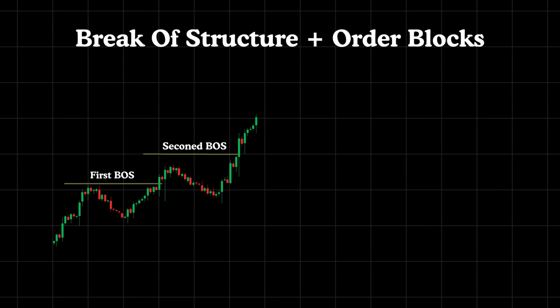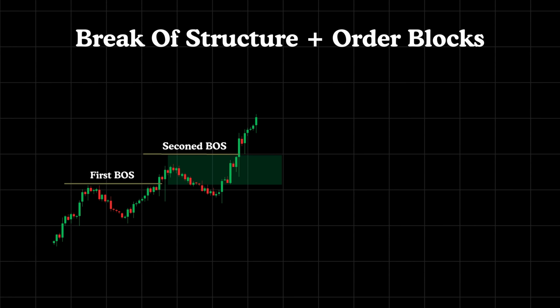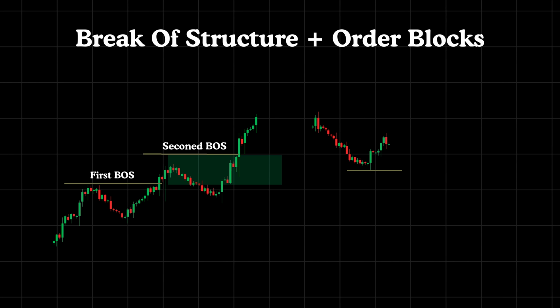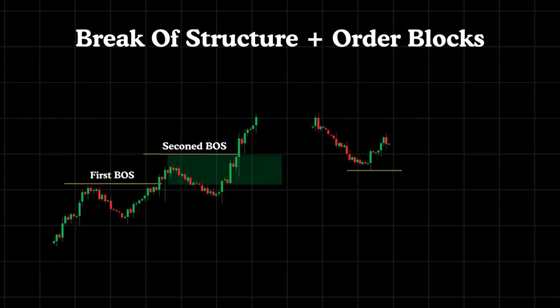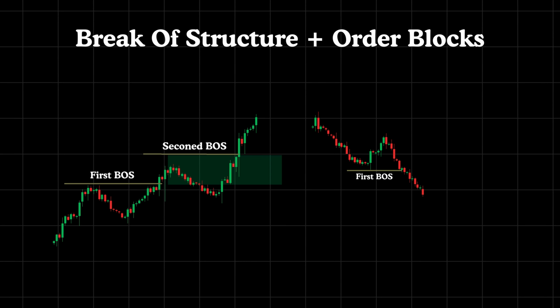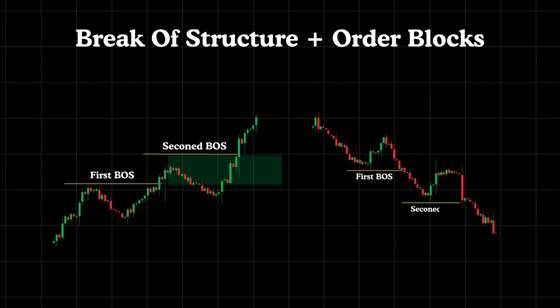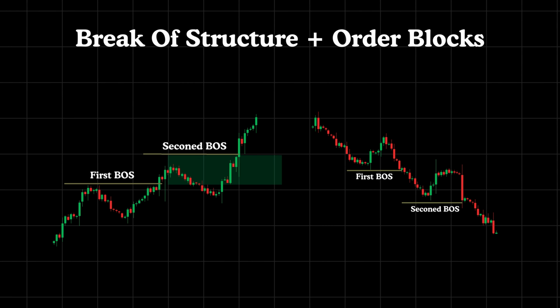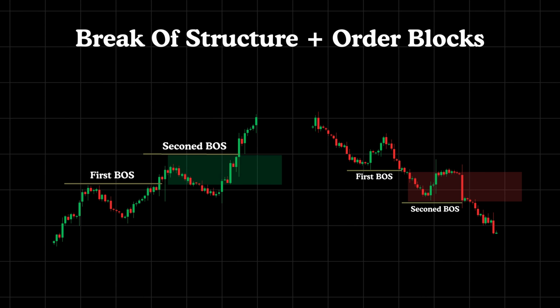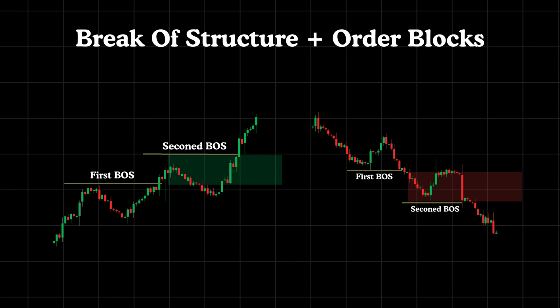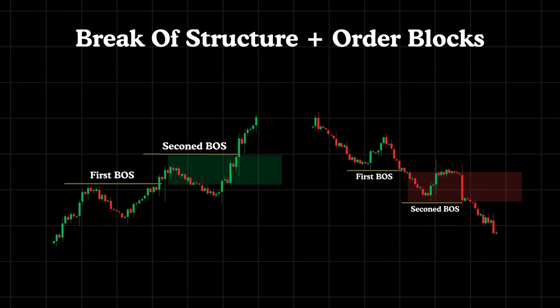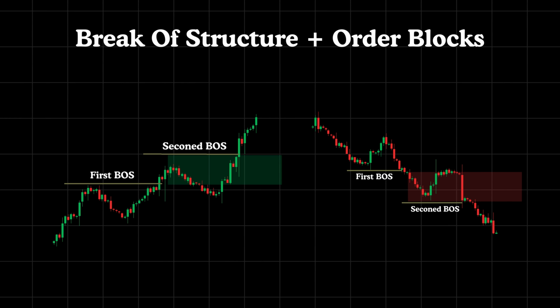The range between those two highs becomes a support zone. Conversely, when price first breaks a swing low, that marks the first break of structure, and when it drops to an even lower low, the second break of structure is established. The space between those two lows becomes a resistance zone. By waiting for these consecutive breaks, we confirm that the market has shifted with strong momentum.